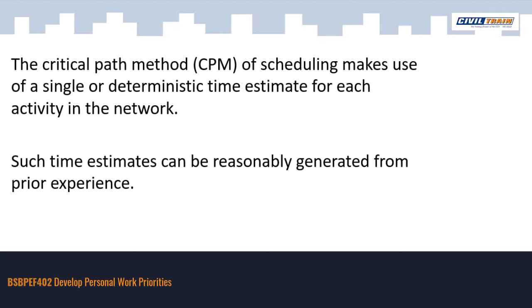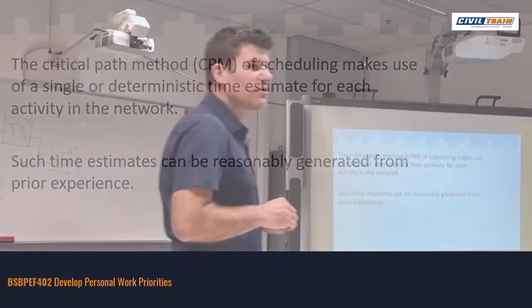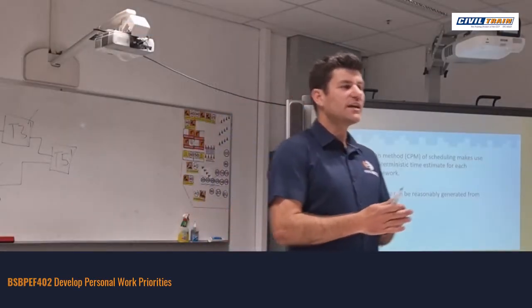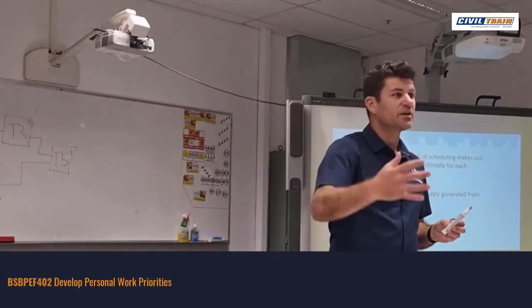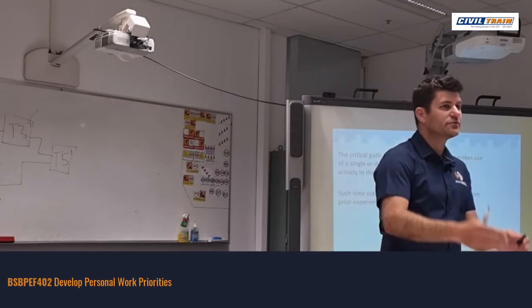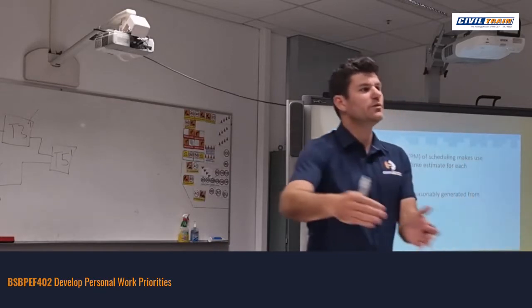A lot of the time with the critical path method, if I talk about that concrete slab on ground, naturally in your head, if you've done that activity previously, you already put it in the critical path. You already go, no, you have to put the formwork in before you put the mud in.